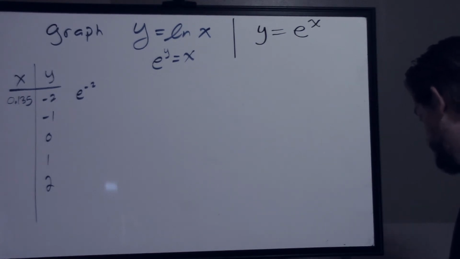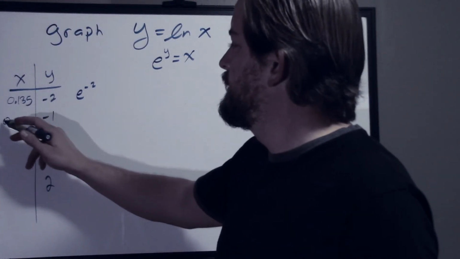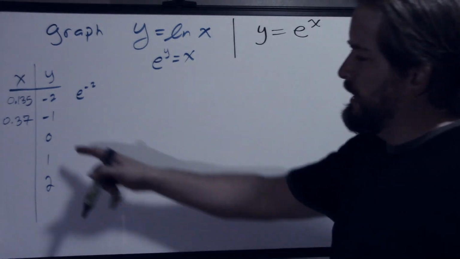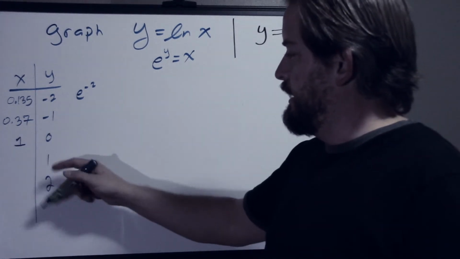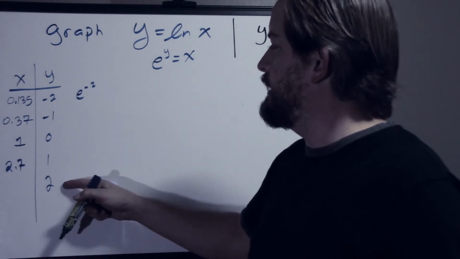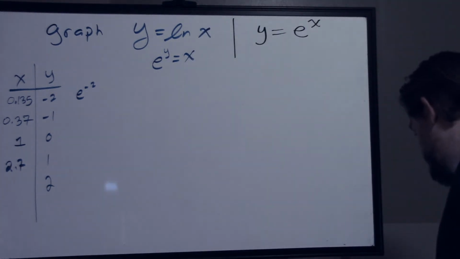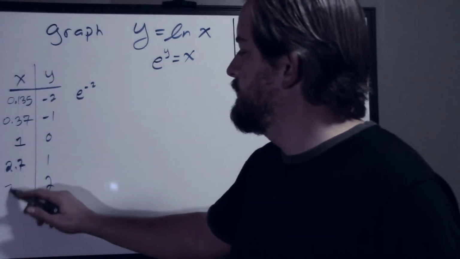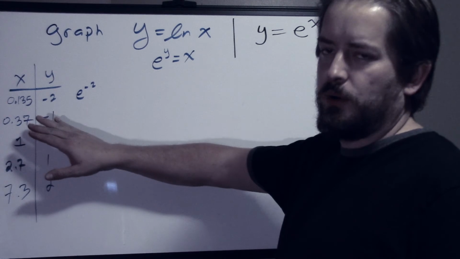E to the -1 is 0.367 something. I would just round that to 0.37. E to the 0 is going to be 1. E to the 1 is my 2.718. And then e squared is, I don't know. Let's see. 7.38. Right?